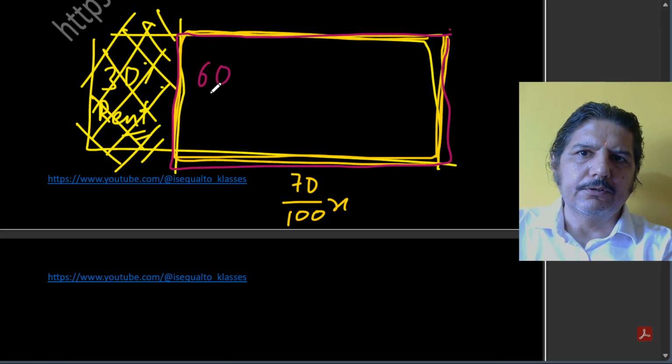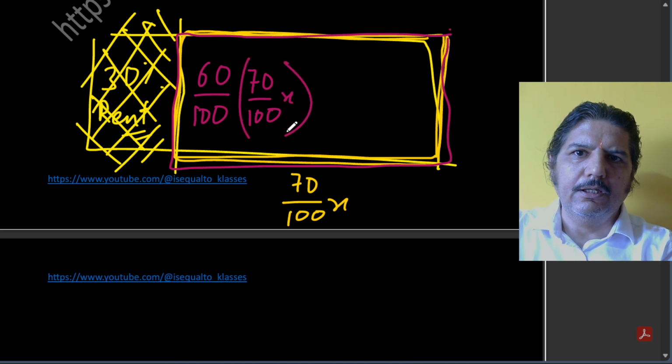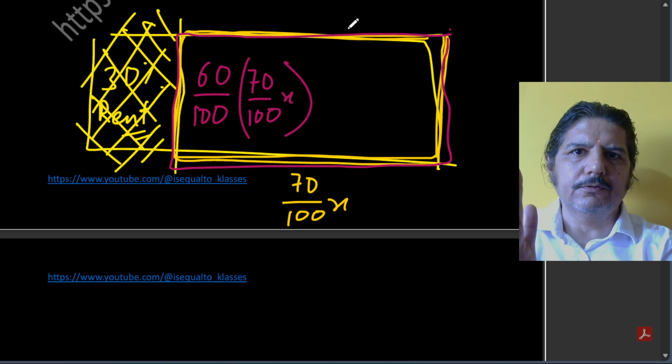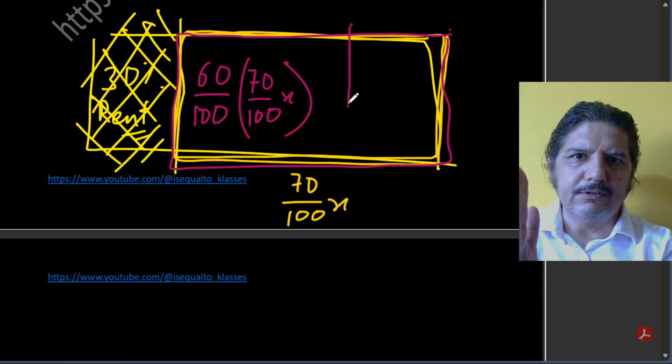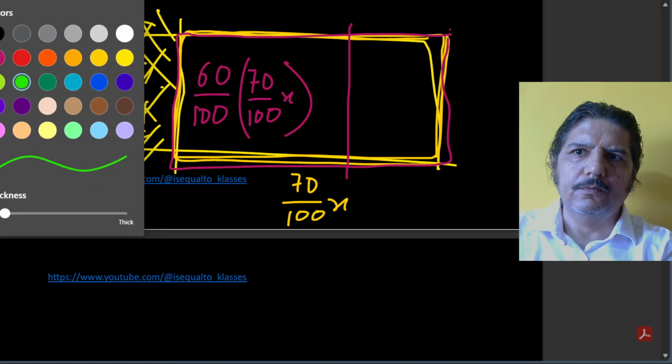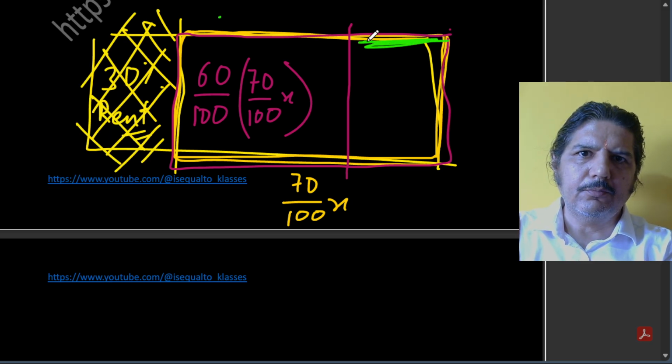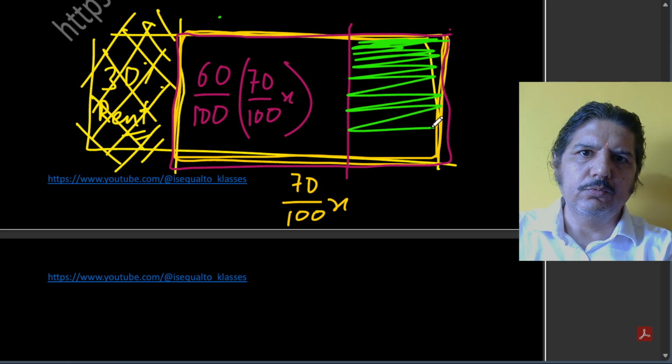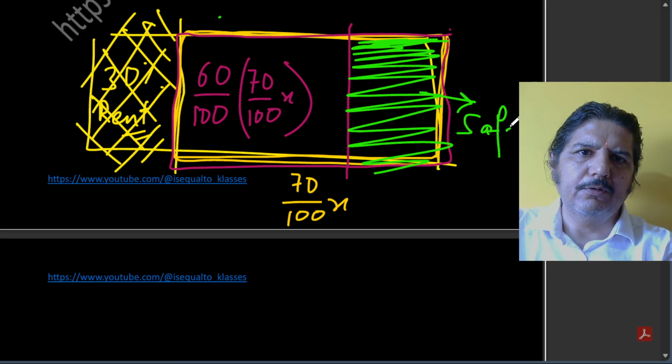So 60% of 70 upon 100 x will take care of other expenses. Now once this is done, this is the amount that she will finally be able to save.